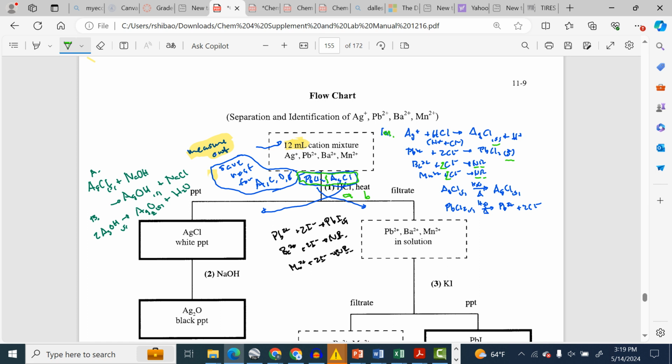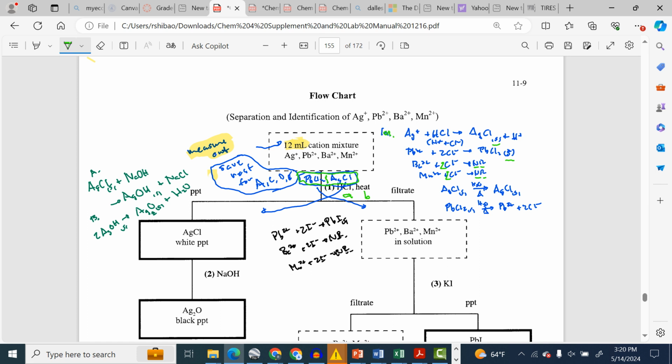And so as this thing cools down, you're going to see the lead precipitate. So what I recommend is leave the left branch for later. We're going to work on the right branch here. And so if the lead starts to precipitate out again, then we're going to reheat it to get all the lead to dissolve. So just heat it up.